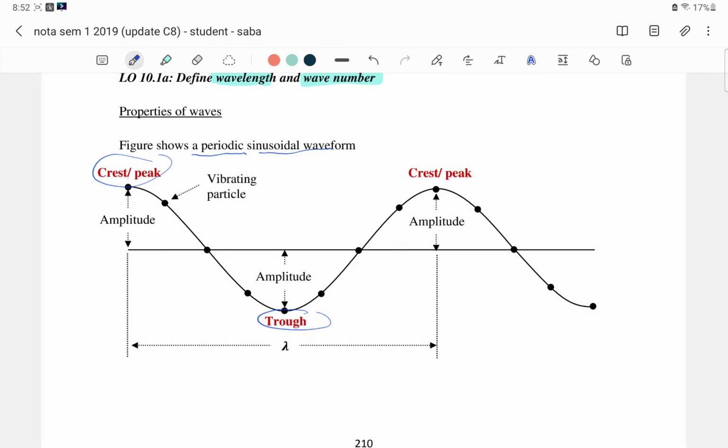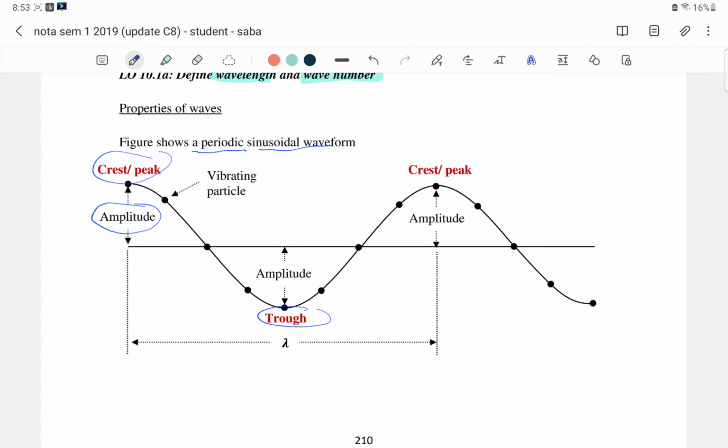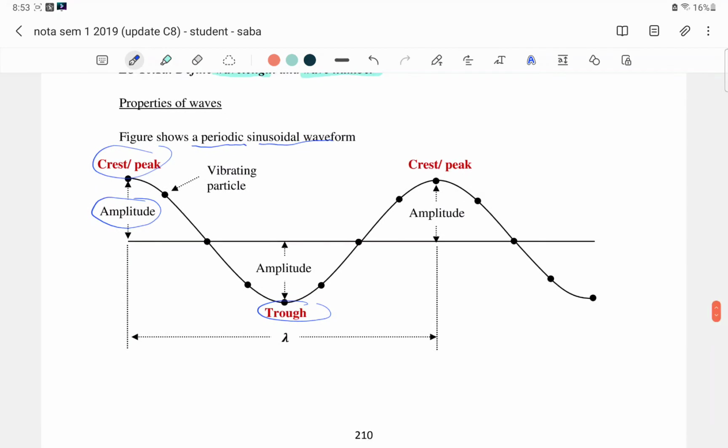Crest is the highest displacement. We also call it amplitude. Trough is the lowest maximum displacement. Okay, we call it trough. This is also an amplitude, maximum displacement, but at the lowest part. Okay, alright. So the distance between crest to crest is lambda.